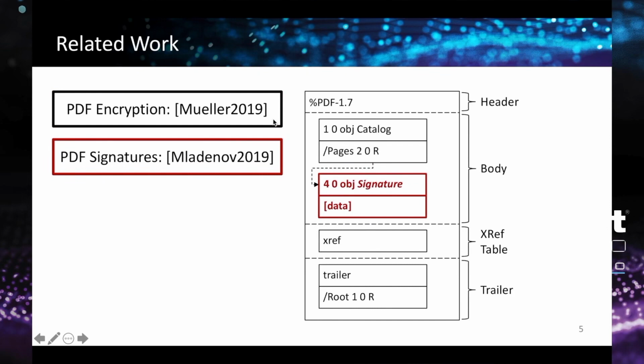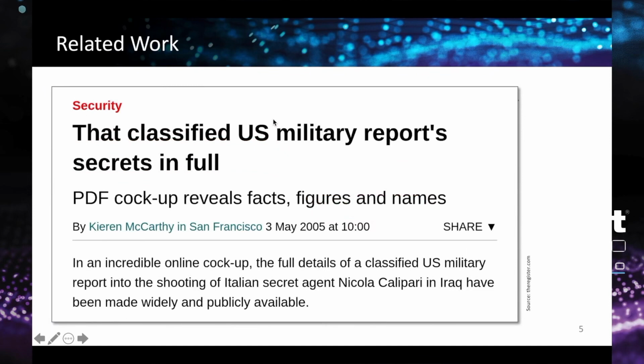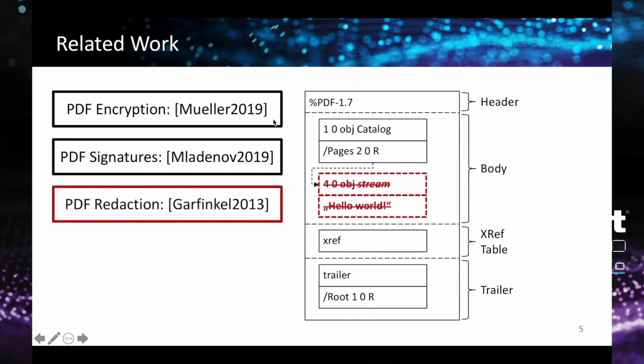But also in the context of PDF, what happens very often is that companies and institutions publish PDF documents that are somewhat poorly redacted and thereby reveal sensitive information. This happens very often because content objects are usually not deleted. If the file is edited, they're simply not referenced anymore, and then this allows you to recover previous revisions of a document.